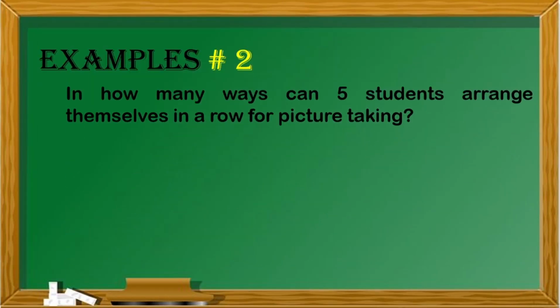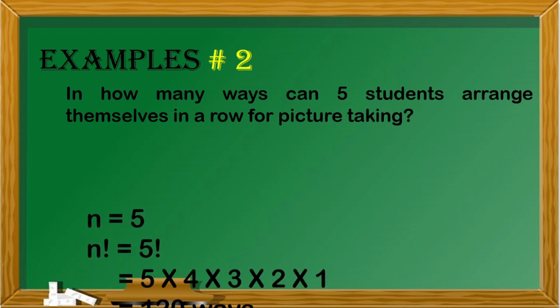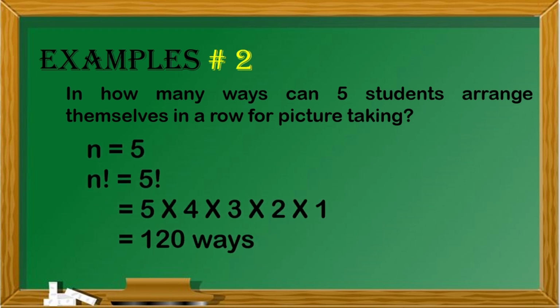Example: in how many ways can 5 students arrange themselves in a row for picture taking? What is the n in this situation? n means the total number of objects. n is equal to 5 since the objects in this situation are 5 students. n factorial equals 5 factorial.